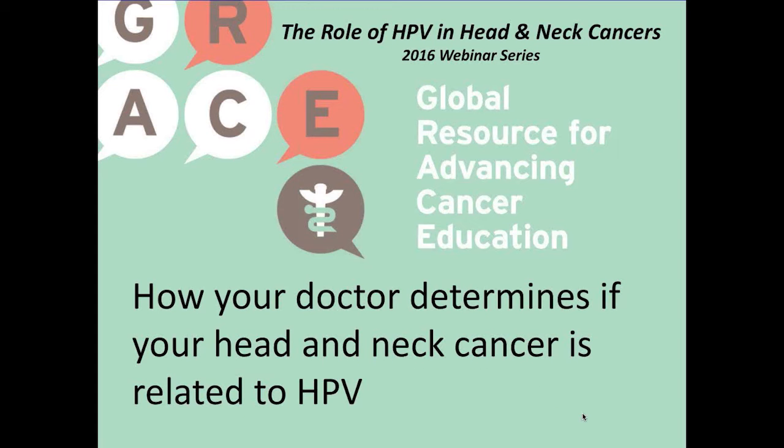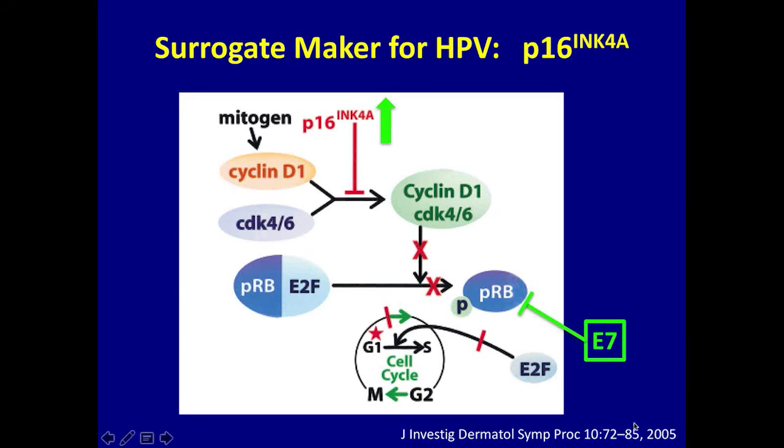Next topic I want to talk about is how does your doctor determine if your head and neck cancer is related to HPV? The biology of HPV is important to know for this topic. E7 is a major oncoprotein created by the HPV virus, and what it does is that it basically grabs onto retinoblastoma, which is a very important protein in the cell that regulates cell growth and division, and it destroys it.